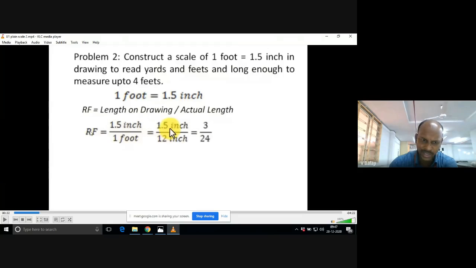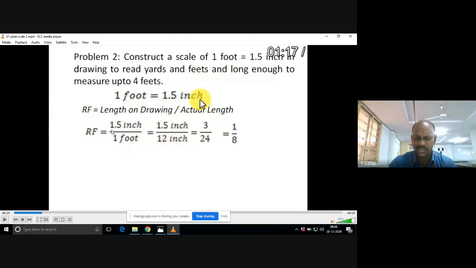At that time, for the RF formula you need to take the cubic root of length on the drawing by actual length. Everything is same. The rest of the length of the scale calculation and construction steps are all the same. Now I am going for the next step.